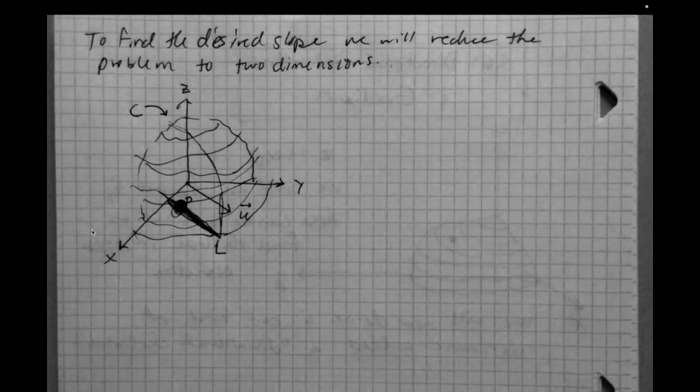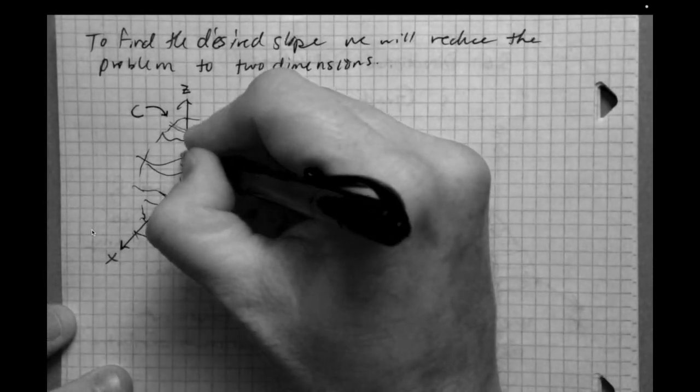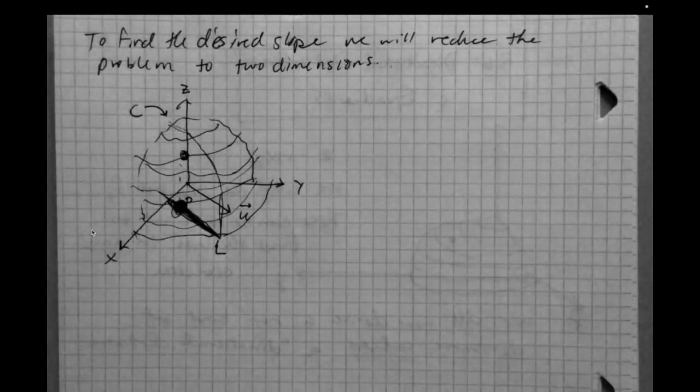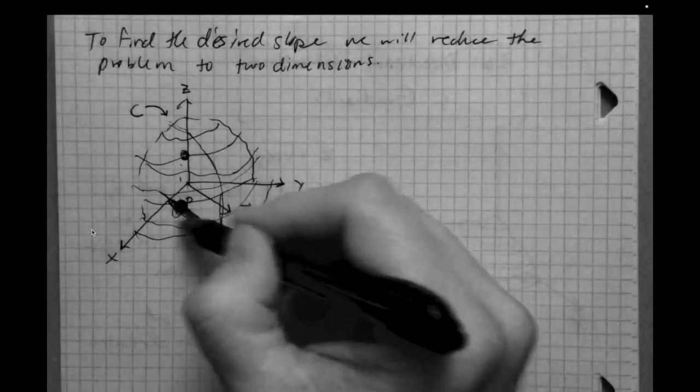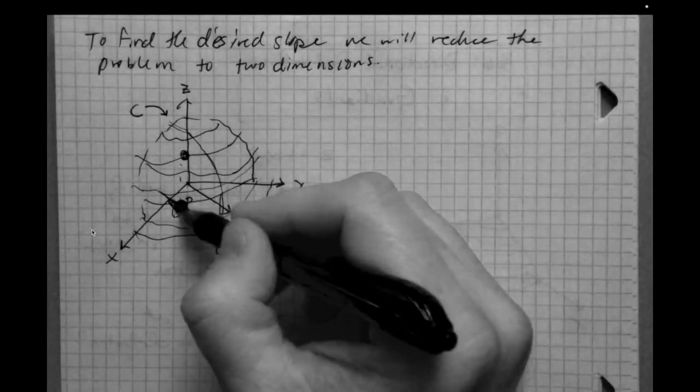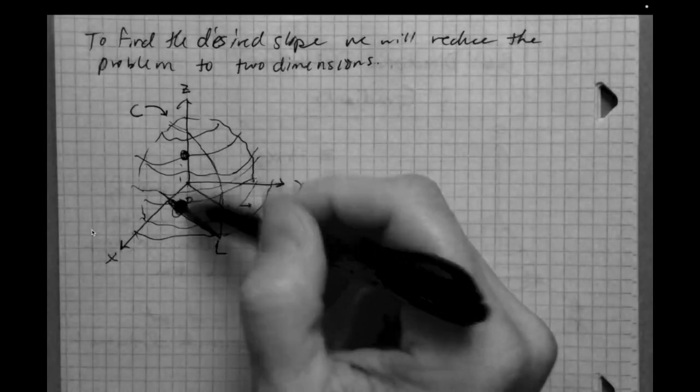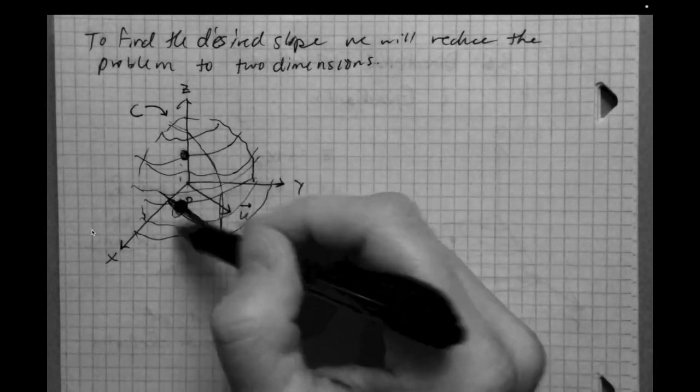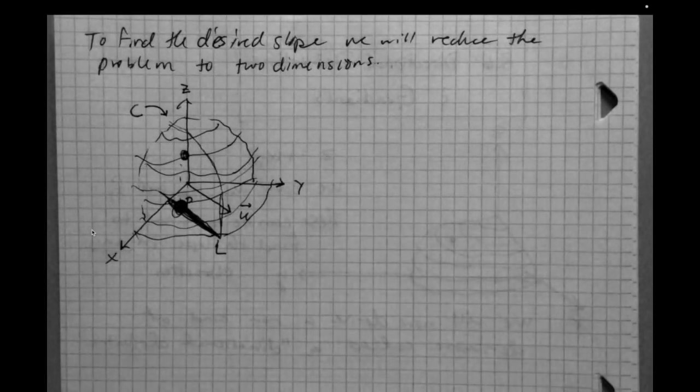Okay, so let's pause and rough out a little bit more about what's going on here. We've got this point P on the surface that we're interested in, and that point P has an xy point in the xy plane that's part of the domain of the function f, right?